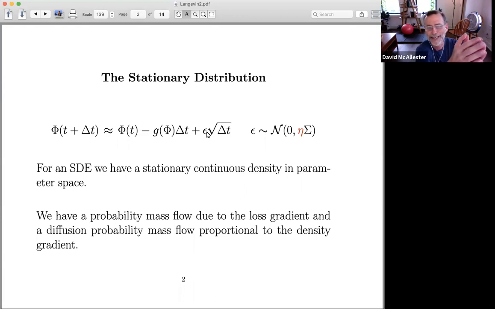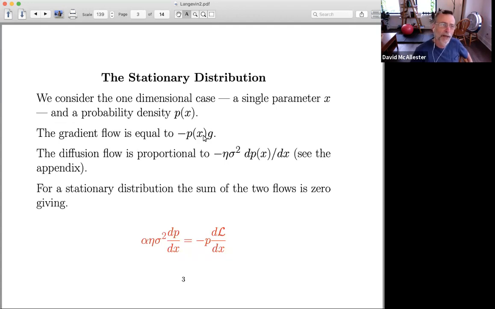You get a flow down the density gradient due to the noisy motion of all. Think of these as a bunch of little particles, due to the noisy motion of all those particles. So this is a kind of diffusion term. So there's a gradient flow and a diffusion flow that is diffusing down the gradient density.